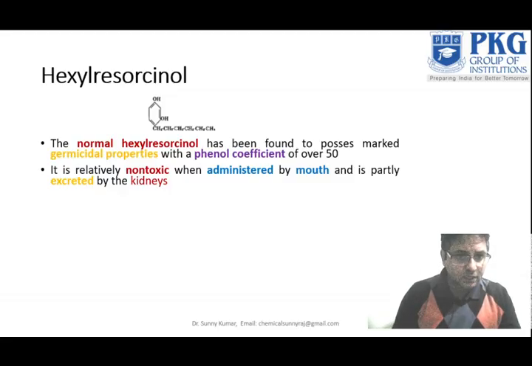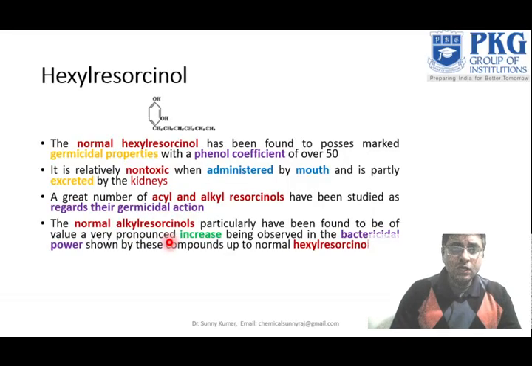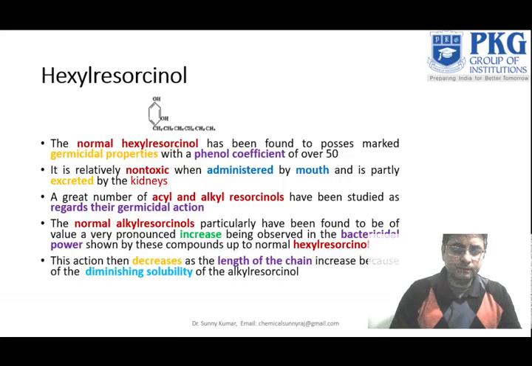Industry generally uses this one. A great number of acyl and alkyl resorcinols have been studied as regards their germicidal actions. For the normal alkyl resorcinols particularly, a very pronounced increase has been observed in the bactericidal power shown by these compounds up to normal hexyl resorcinol.